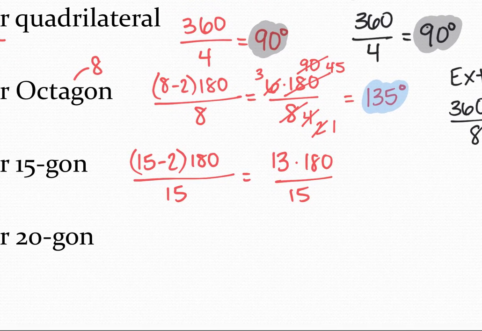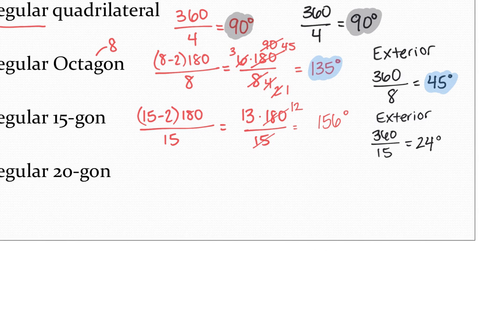Okay, so 13 times 180 divided by 15. I know that 15 goes into 180, I think it's like 12? Yeah, you're right. And then 12 times 13. Yeah, and then adding together, they add up to 180.